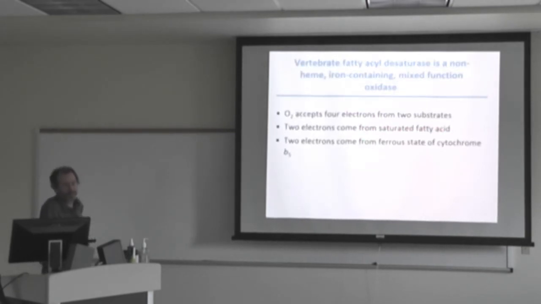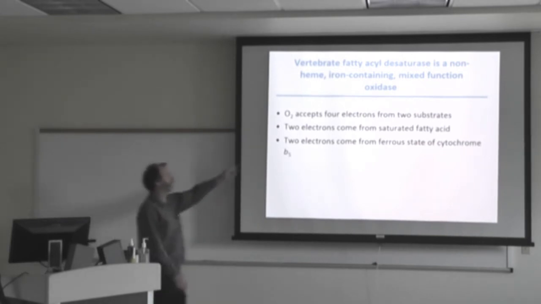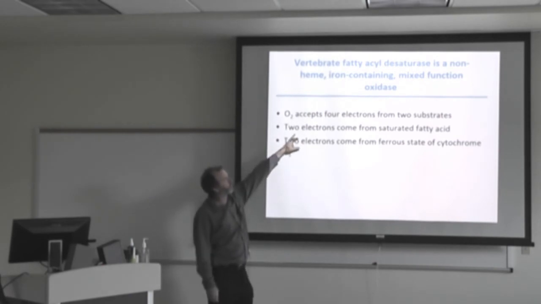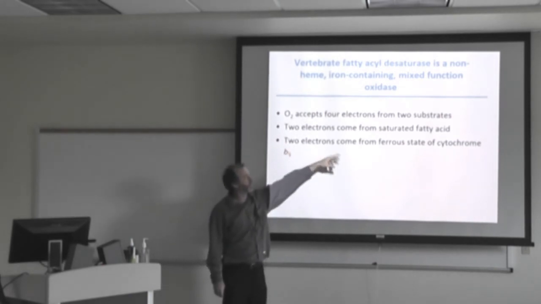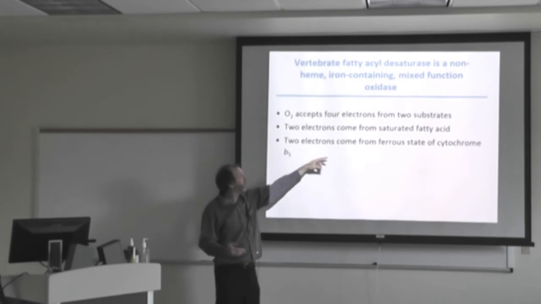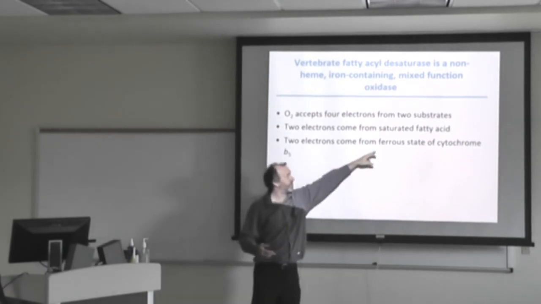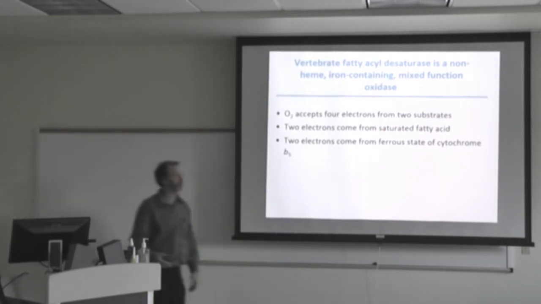Vertebrate fatty acyl desaturase is a non-heme iron-containing mixed function oxidase. Oxygen accepts 4 electrons from 2 substrates. 2 electrons come from the saturated fatty acid, and then 2 electrons will come from a ferrous state of cytochrome.